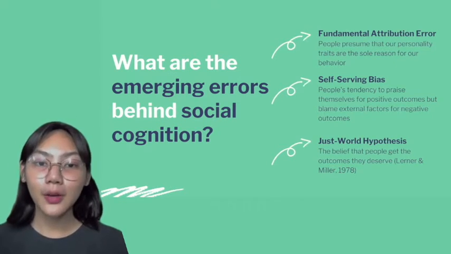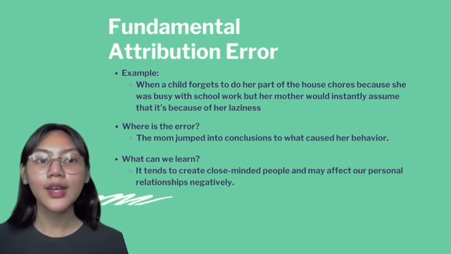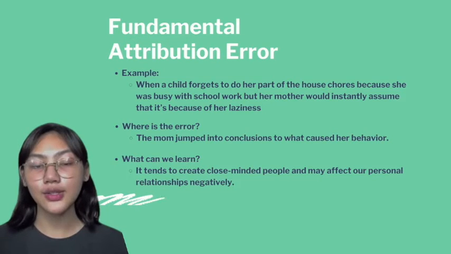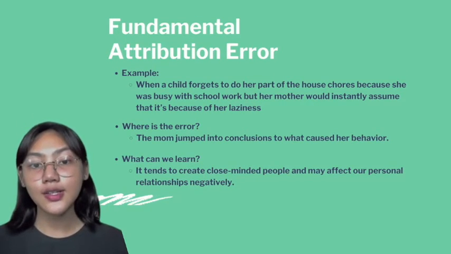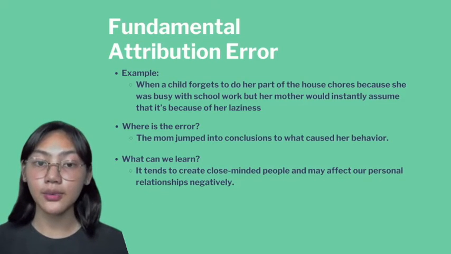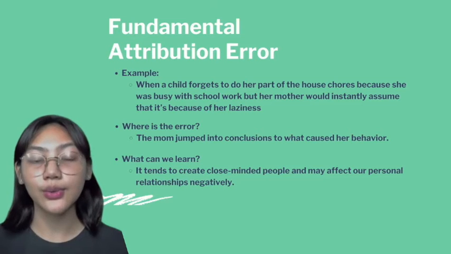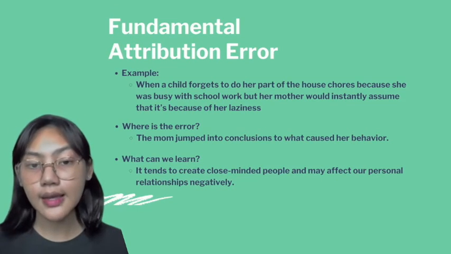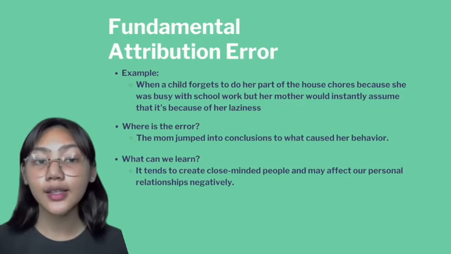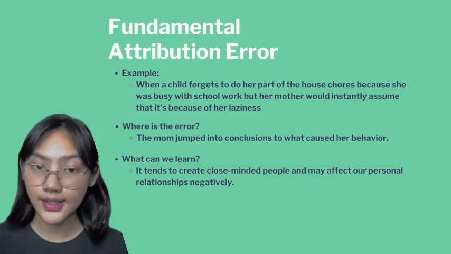One of the most common errors in social cognition is the fundamental attribution error. This type of error usually leads to poor judgment and stereotyping because it disregards other factors that may have contributed to our behavior. An example of this is when a child forgets to do her part of the house chore because she was busy with schoolworks, and her mother would instantly assume that it is because of her laziness.